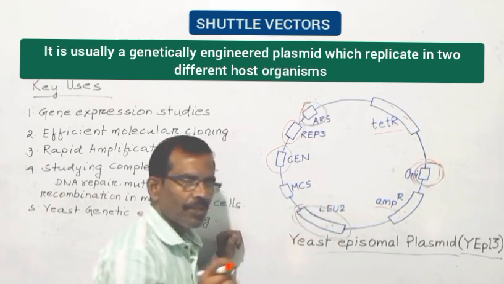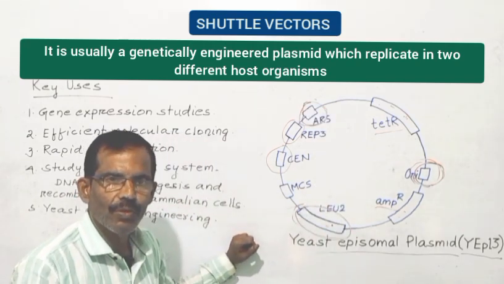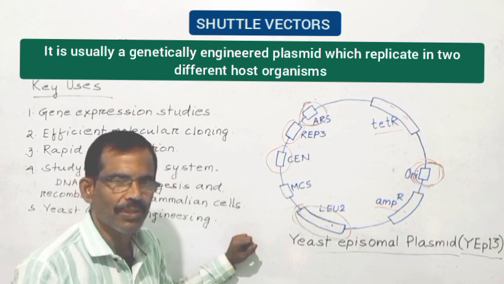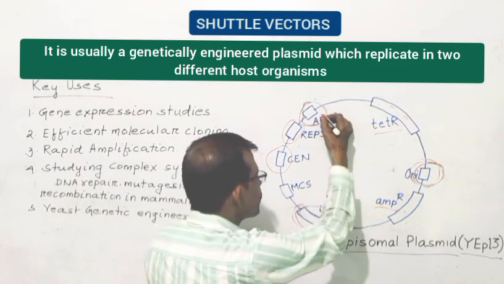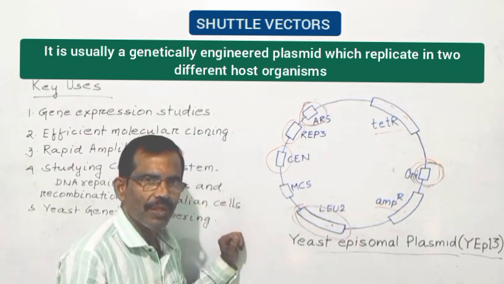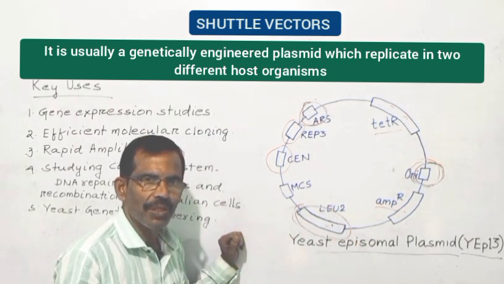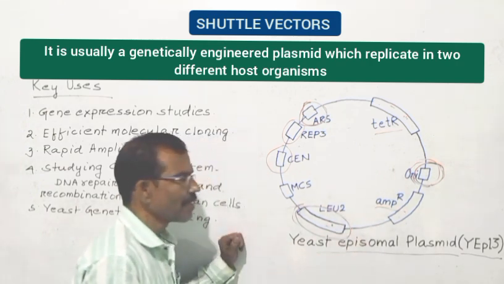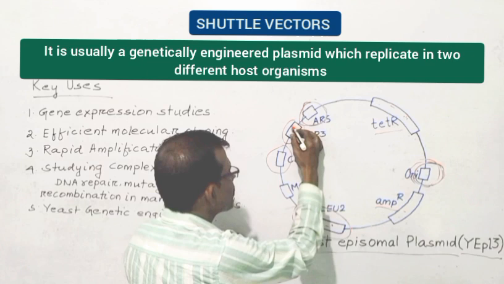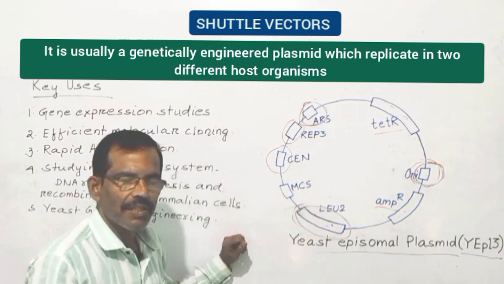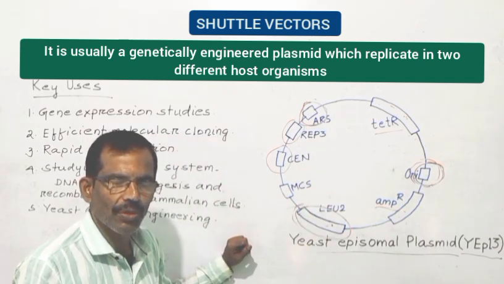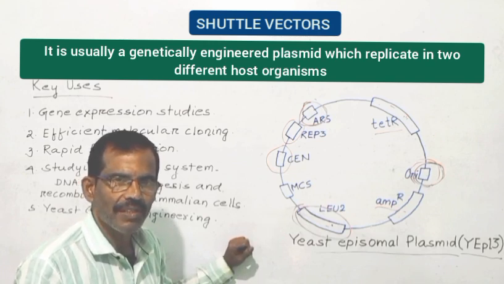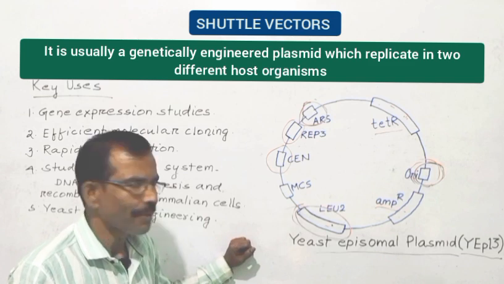ARS, meaning autonomously replicating sequence, is the origin of replication in yeast such as Saccharomyces cerevisiae. It is a specific sequence at which replication of the plasmid is initiated, enabling the vector to replicate independently. The REP3 partitioning system is another yeast component that ensures proper partitioning of the plasmids between daughter cells and also their stability.